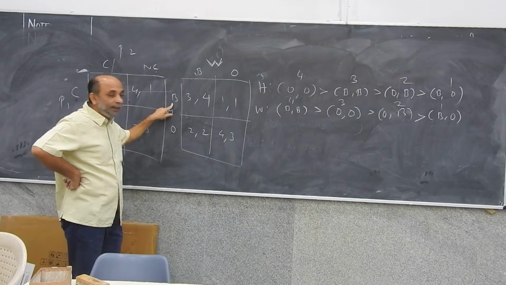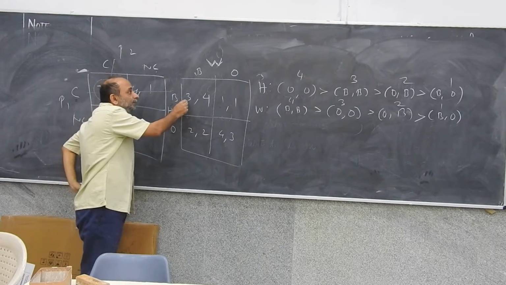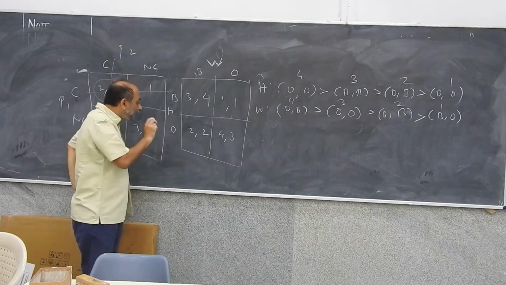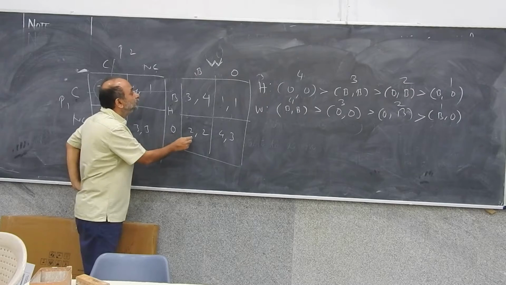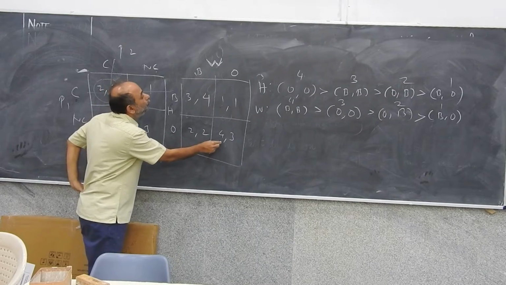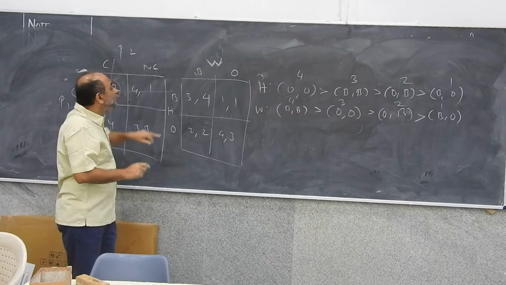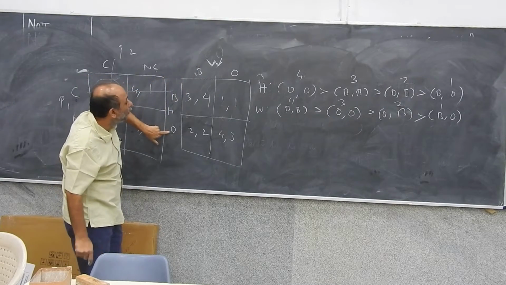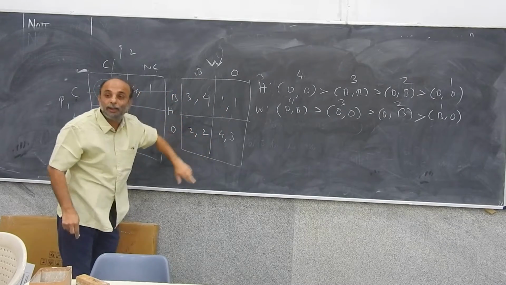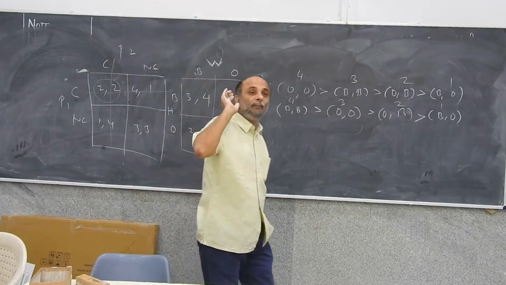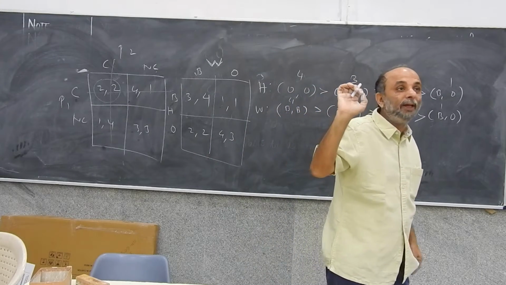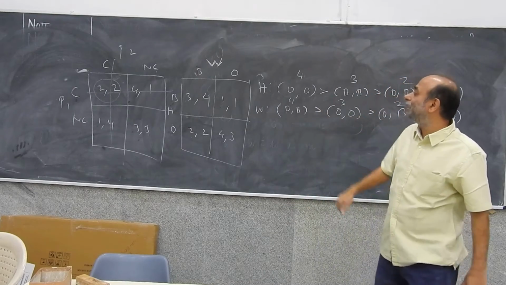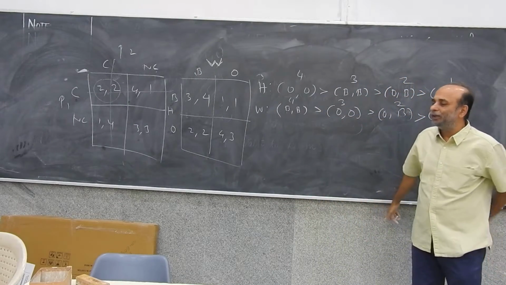If he chooses B, he gets either 3 if the wife chooses B or 1 if the wife chooses O. If he chooses O, he gets 2 if the wife chooses B or 4 if the wife chooses O. So he is better off choosing B only if the wife chooses B, but he is better off choosing O if the wife chooses O. So there isn't an unambiguously better way to behave. For the wife, similarly, can you have a dominant strategy?